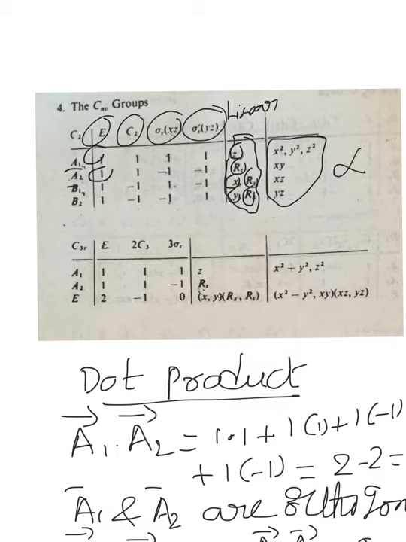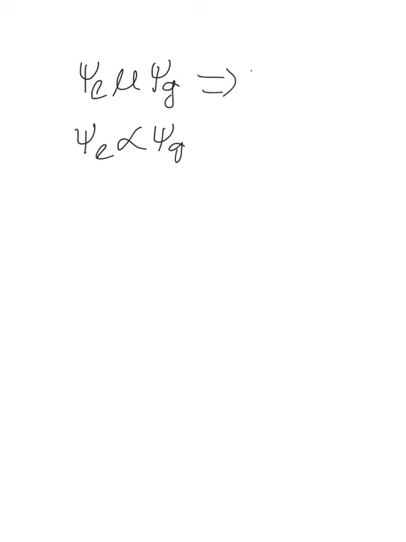To summarize, we have looked at how to find out IR active or Raman active vibrational modes using the symmetry of psi E, mu, psi G to find out IR activity, and psi E, alpha, psi G for Raman activity.